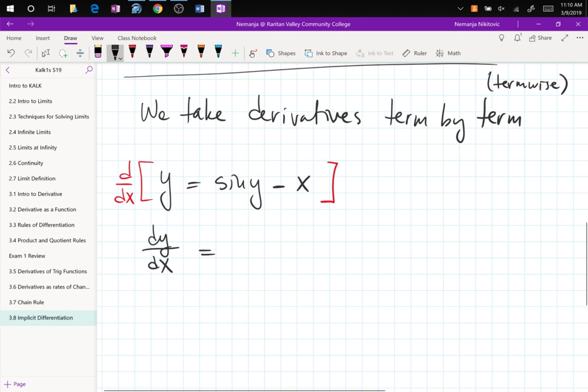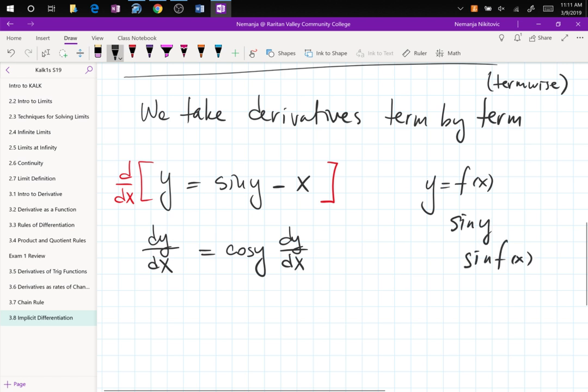Equals, to the other side, and now you have the derivative of sine y. What is the derivative of sine y? Well, it has to be cosine y. But we have to multiply by the chain rule because it's a composite function. Sine y is a composite function. We know that y is equal to some f of x. We don't know what that f of x is, right? So y is some function f of x. So technically, if you write sine y, you are writing sine of f of x.